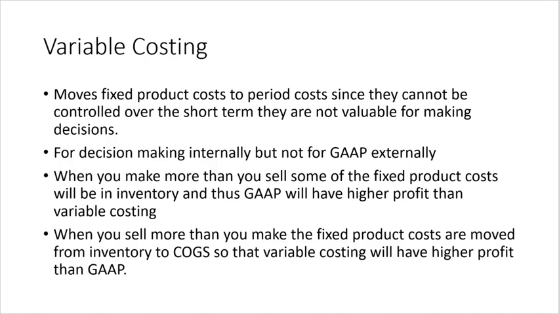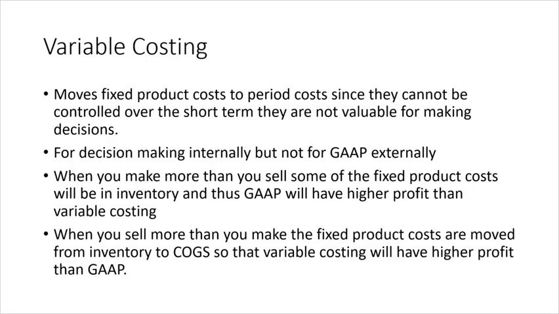Now, we know in the back of our heads that that is not acceptable for GAAP. They have to be product costs. They have to go through inventory. But for decision-making purposes, often firms will move those costs out of their decision-making process because they are not controllable.